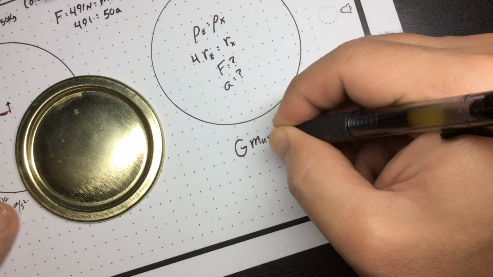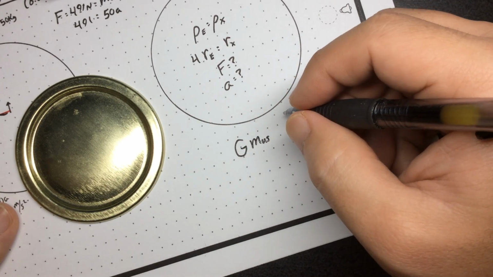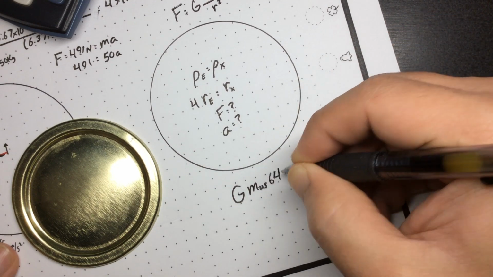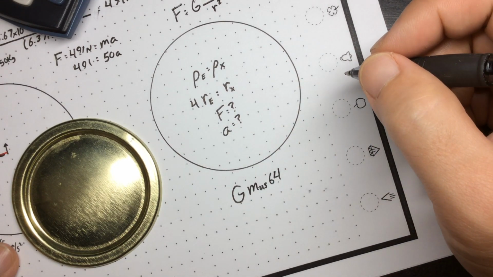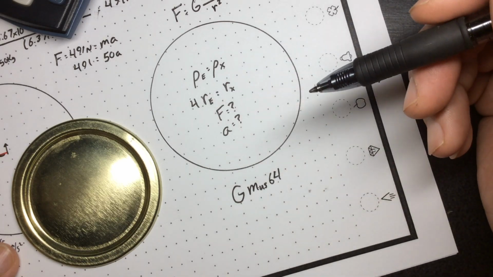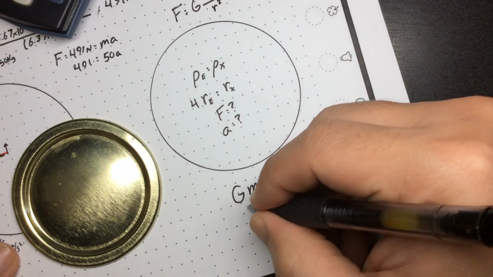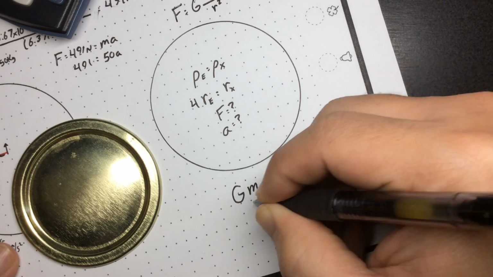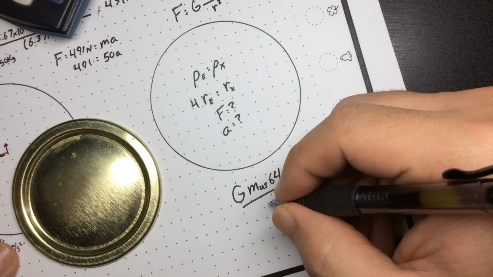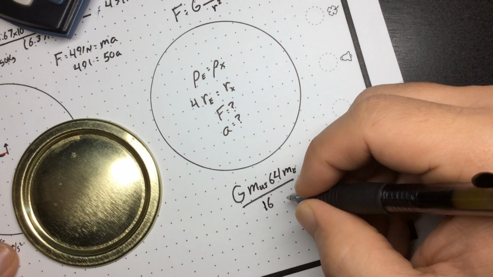Mass 1, let's just call that us. But planet X would have 64 times the mass of Earth, instead of just 4 times, because the radius was quadrupled. And the radius here is going to be 4 times the radius of Earth, and that's going to be a 16 on the bottom.